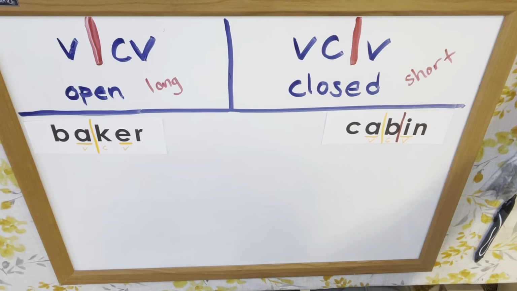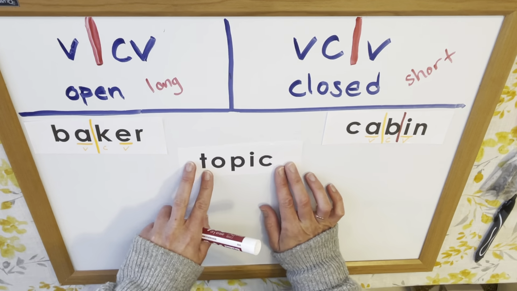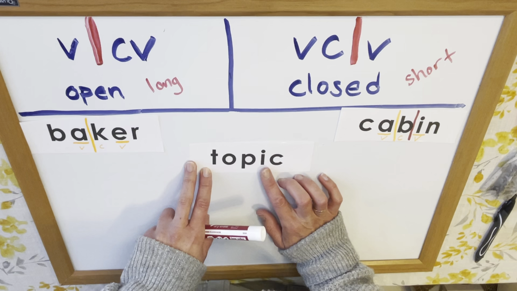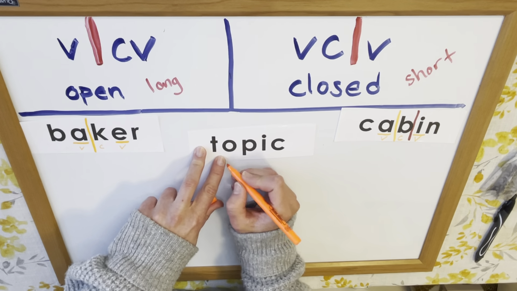Here's another example. Look at this word here, okay? You might already know how to read it, or you might need some help. So first, we're going to underline our vowels.